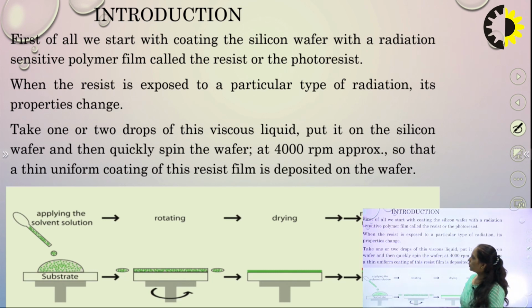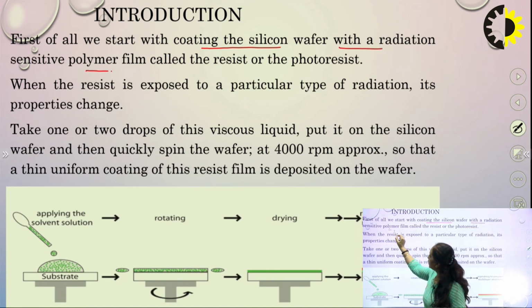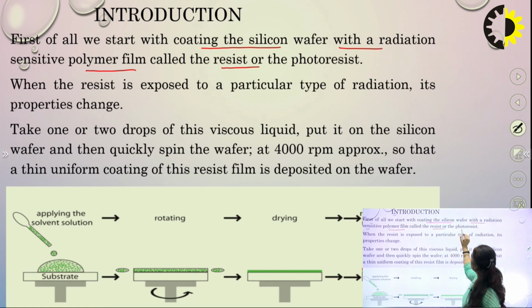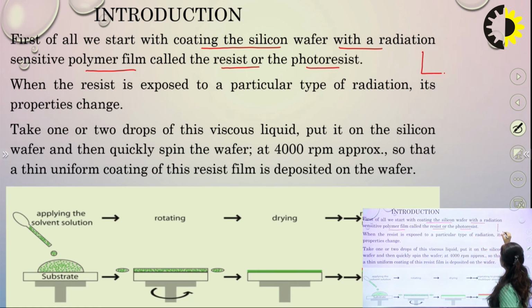First of all, we start by coating the silicon with a radiation sensitive polymer film that is known as photoresist. So the very first step is we have this silicon substrate and we have the oxide layer.